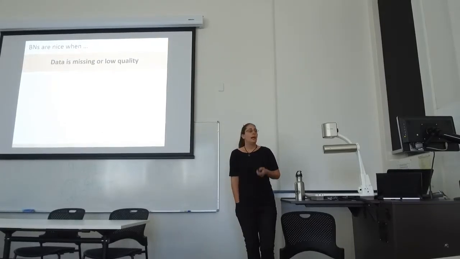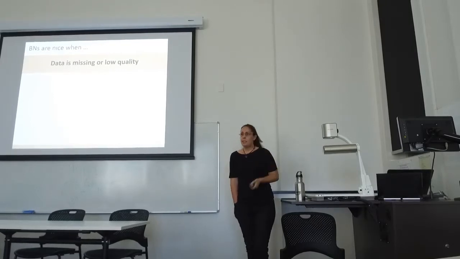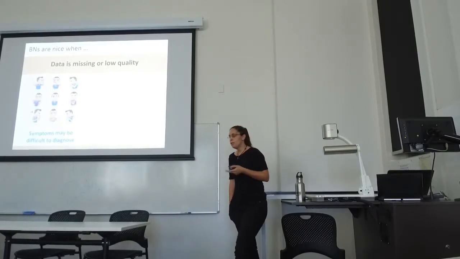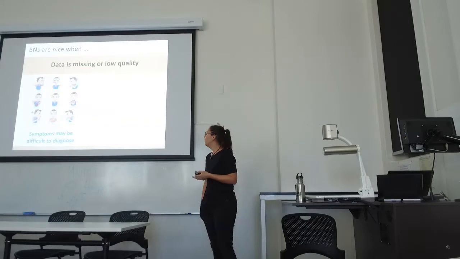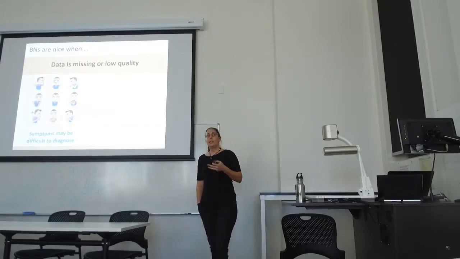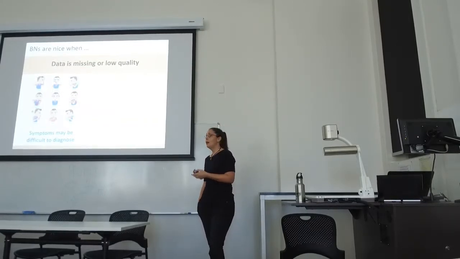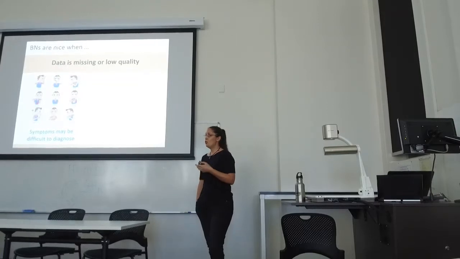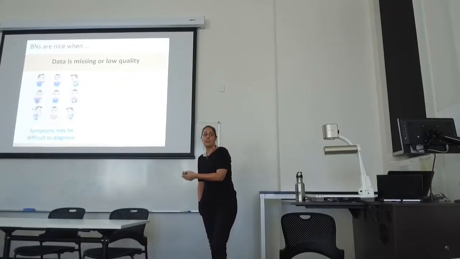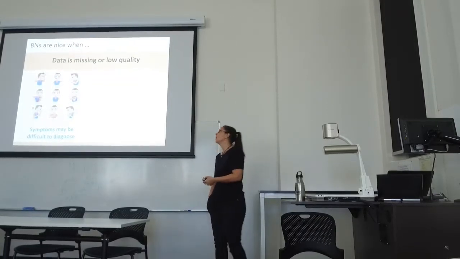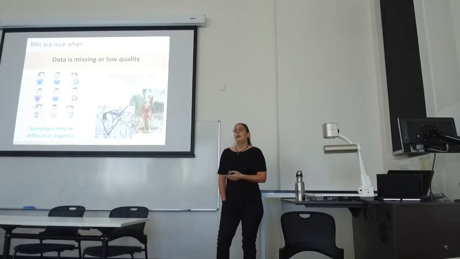So we can change from rural to 100% if we want to know what's happening in a rural area. But Bayesian networks are really nice if the data is missing or if it's low quality. So for example, in public health, you might be working with a disease where the symptoms are difficult to diagnose, so you might not be sure whether or not a person is actually infected with the disease you're looking at. In conservation, you might have problems with monitoring data.